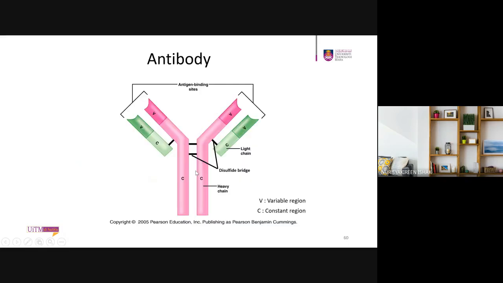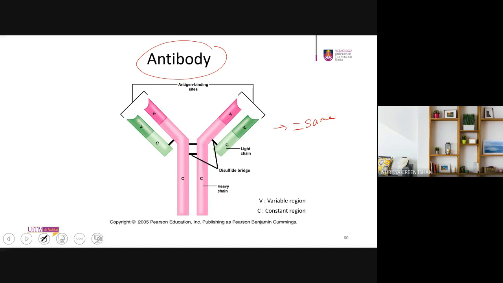Okay. So this is the shape of the antibody. As I said, it has the same structure as the receptor of the B cell that produces the antibody. Kan?